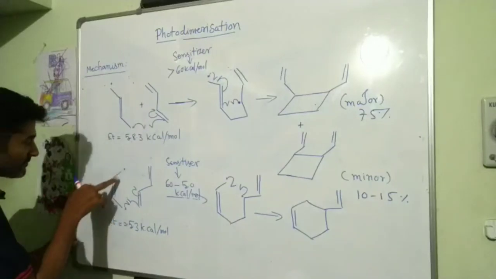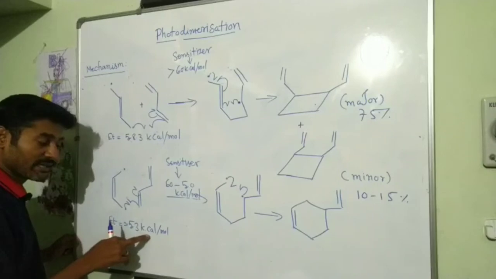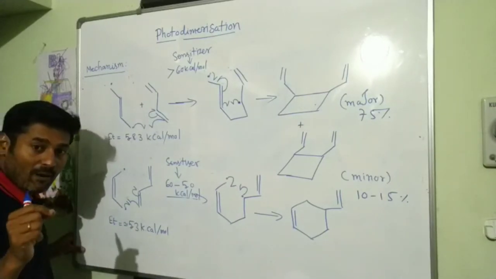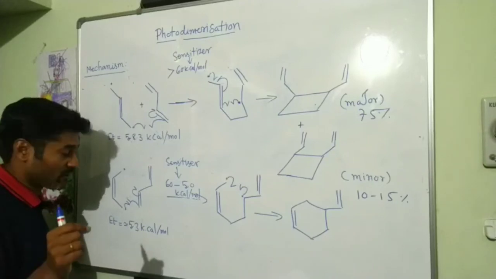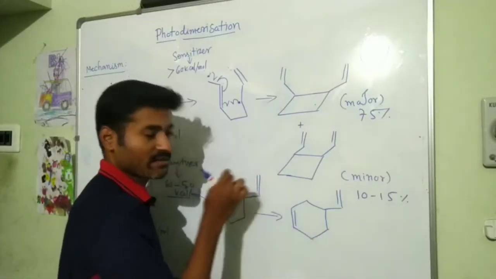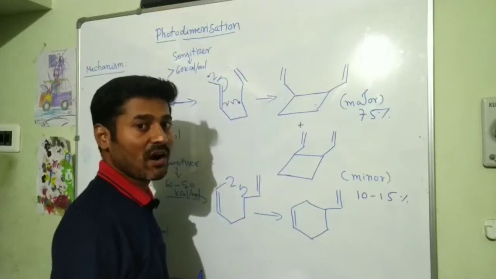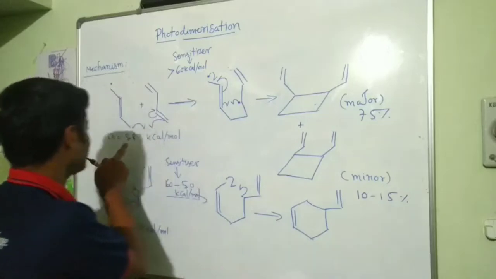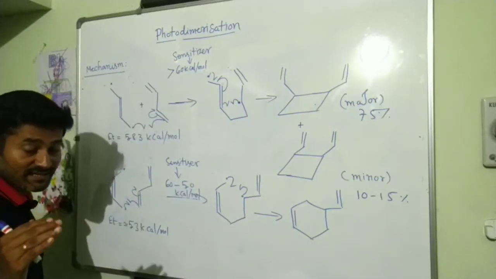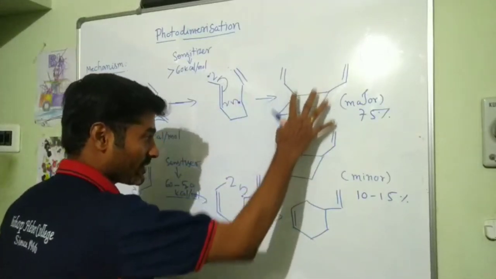For the cis form, the triplet state energy is approximately 53 kilocalorie per mole. So a sensitizer with energy of around 50 kilocalorie per mole will give this one as the major product, and with around 60 kilocalorie per mole, since it is 58.3, you'll get these two as the major product.